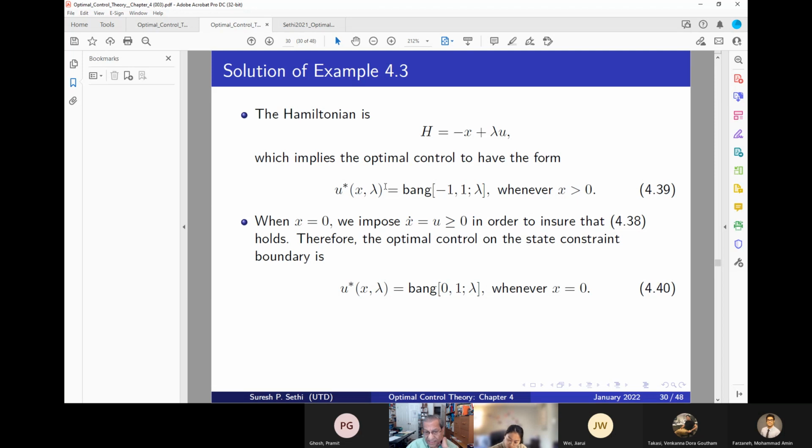So u star x lambda is bang minus 1, 1 lambda, but u star x lambda for x equal to 0 is bang 0, 1 lambda, because I cannot go to minus 1. The lowest control that I can use has to be 0, and the highest control I can use is still 1. I could have put 0 here and not say this. That's another way to do that, but that's what it is. I have a bang function that needs to be re-specified for the boundary.